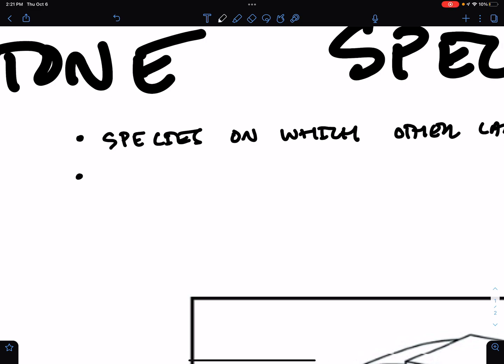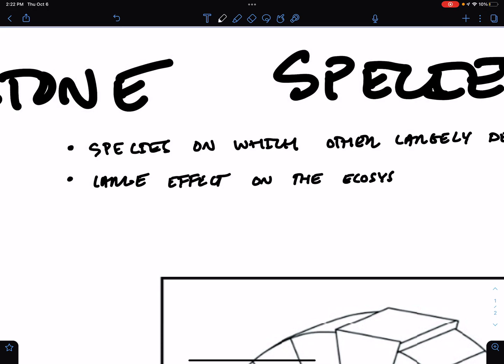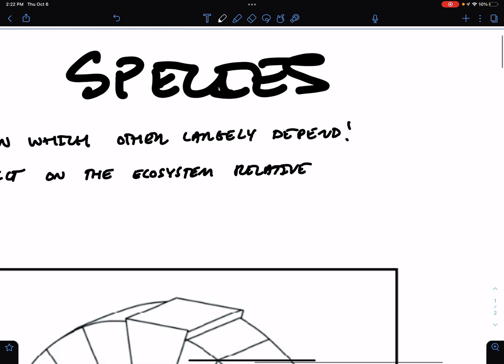Okay, so a keystone species has a large effect on the ecosystem relative to its abundance.